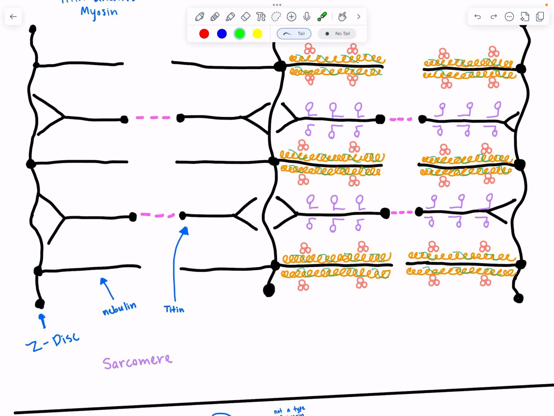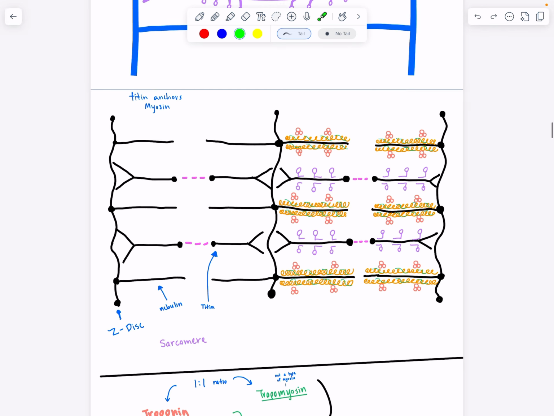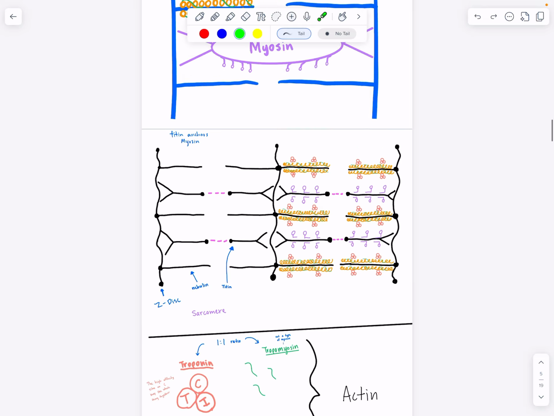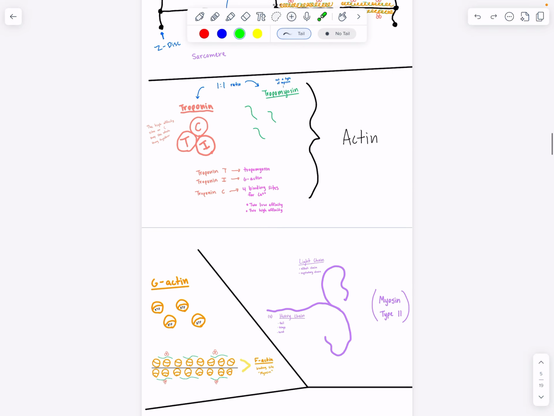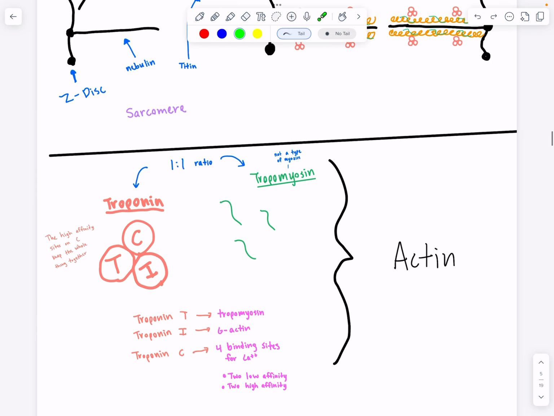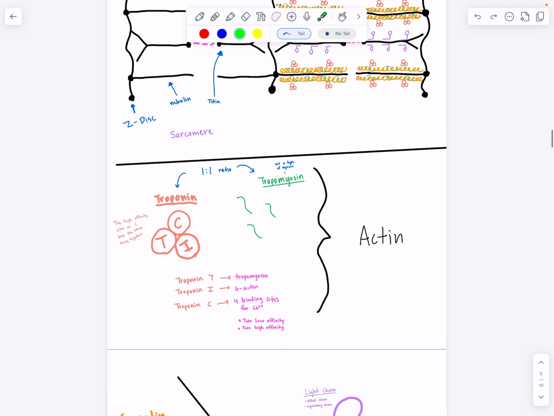Anyway, those are the big players in muscle contraction of skeletal muscle. In addition, we have what's called troponin that also plays a very important role, and tropomyosin. Troponin is made up of three subunits, the C, T, and I subunit, and we'll explain what each of those does in a second when we go through the process.